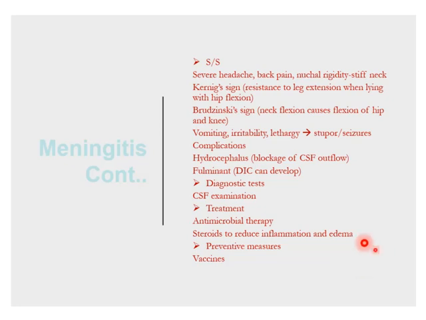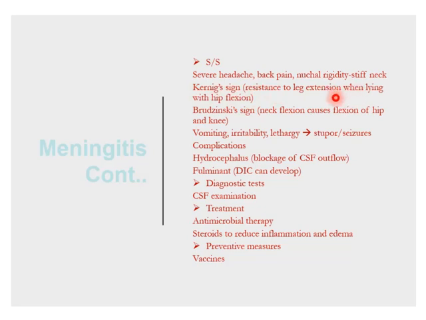What are the signs and symptoms of meningitis? The individual can have a severe headache, a back pain, a nuchal rigidity, stiff neck. When you touch the neck of the person, it is very stiff. Okay, there are certain signs like the Kernig sign. So what happens in Kernig sign is resistance to the leg extension when lying with hip flexion.